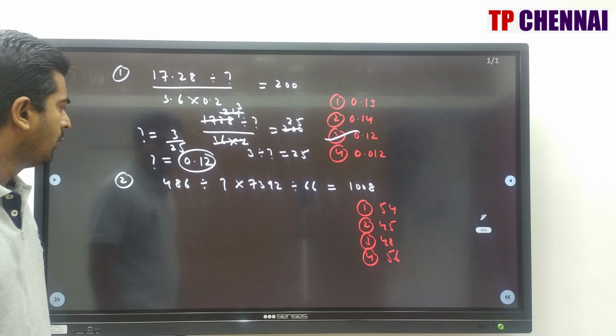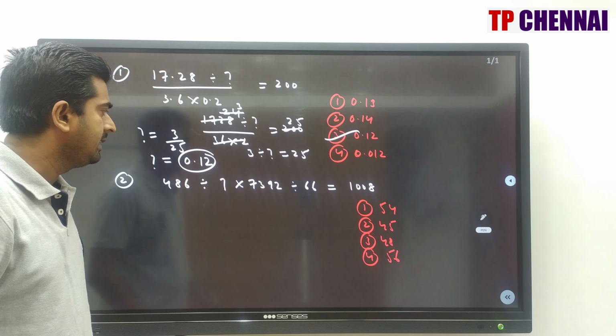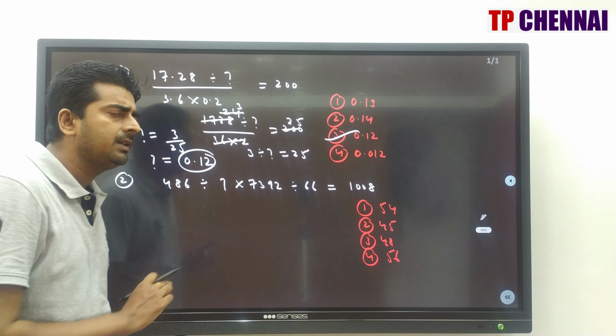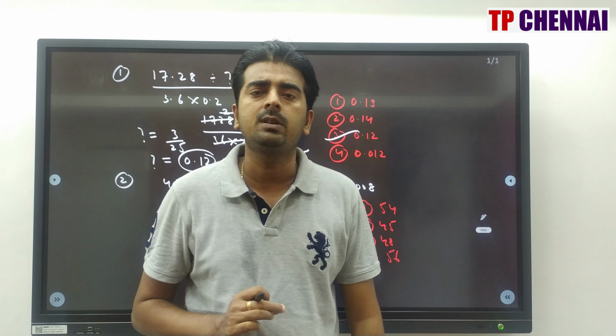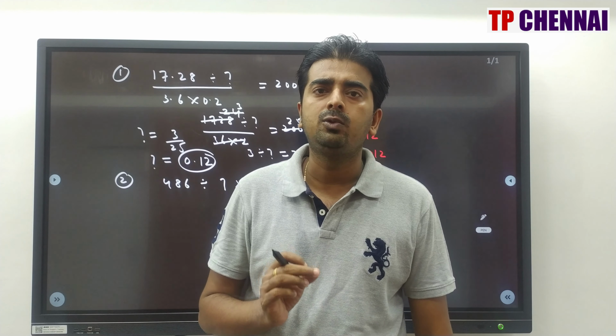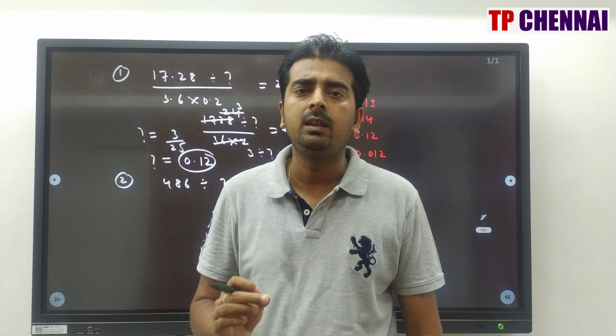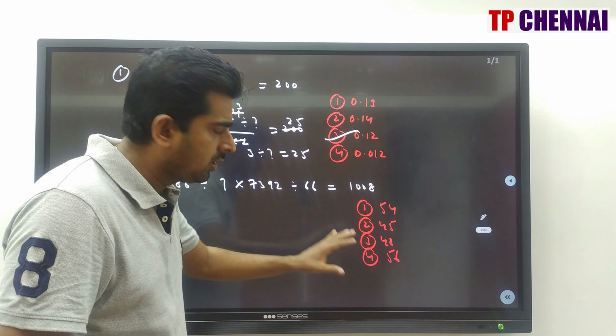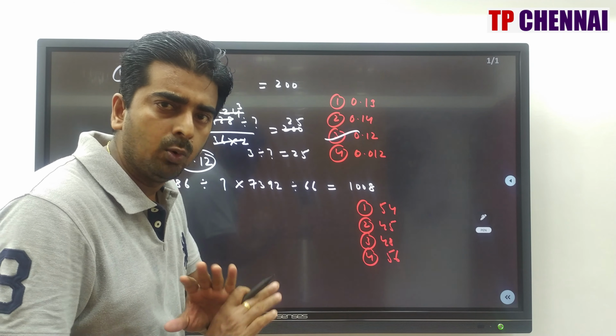Next one, 486 divided by question mark into 7392 divided by 66 is equal to 1008. Whenever you are going to solve simplification questions in examination, do cancel the numbers quickly. Since all your options are whole numbers, there is no decimal.